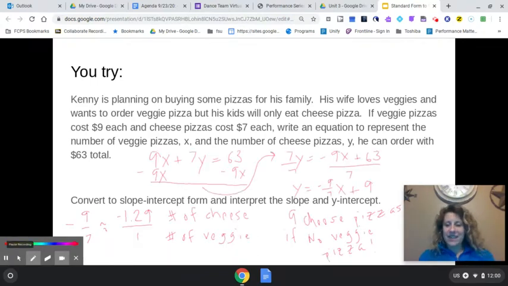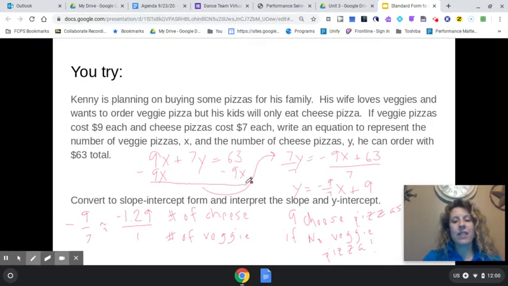Okay, so here are our equations. In standard form, 9x plus 7y equals 63. And converting that to slope-intercept form, we get y equals negative 9/7 x plus 9. That slope is negative 9/7. If we convert that to a decimal, that's approximately negative 1.29.